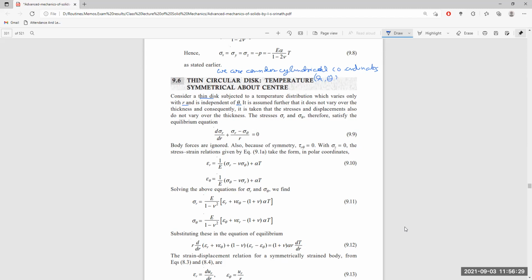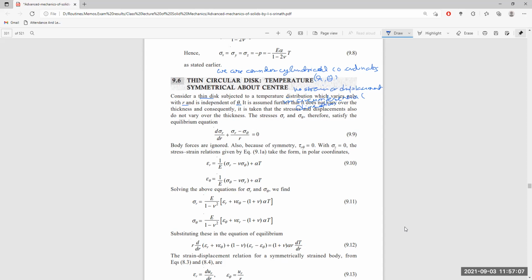This means that over the surface there is no displacement due to the temperature effect in the circumferential direction. No strain or displacement in the circumferential direction.